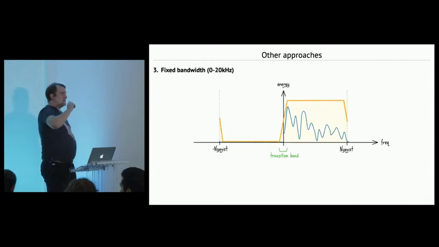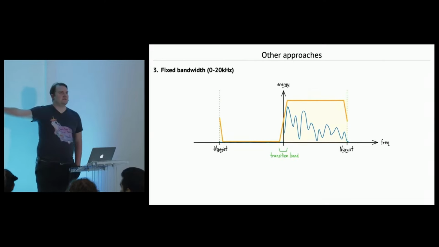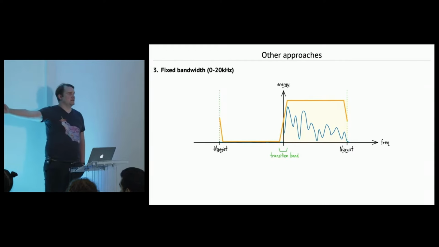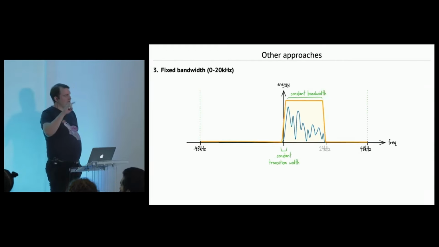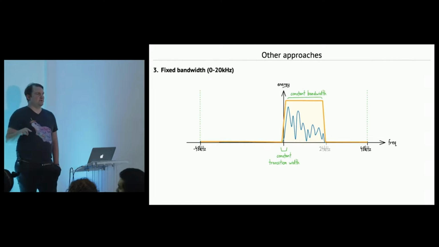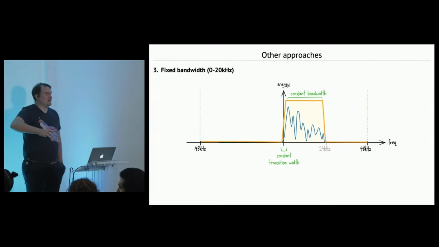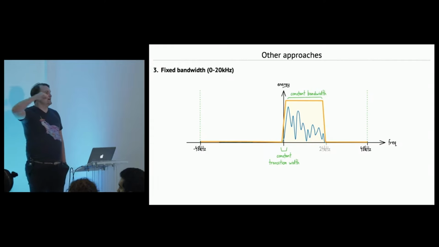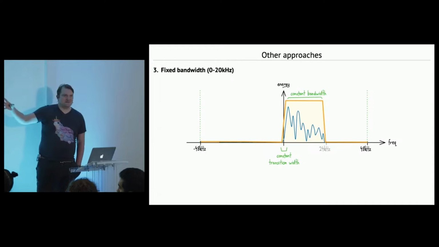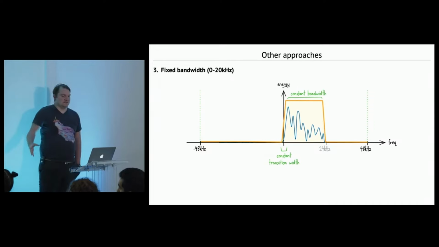The approach that I would recommend is, instead of saying I'm going to pass through all the positive frequencies and get rid of all the negative ones, you instead have a fixed bandwidth for your Hilbert filter, because this is audio. We can get away with this. We only care between 0 and, say, 20 kilohertz. This means that the passband region for our Hilbert filter, our complex filter, is always constant.